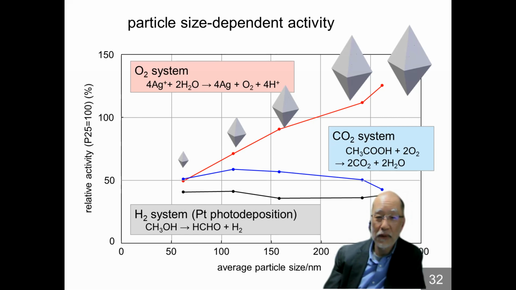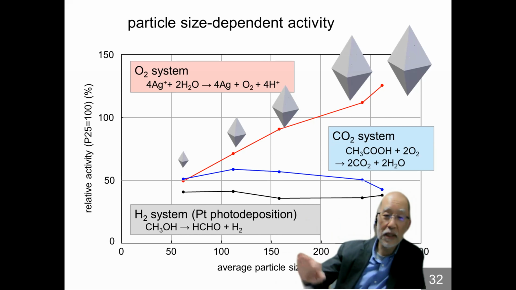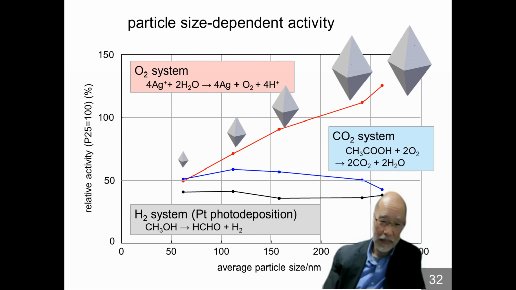The important point is that anatase crystal is easily changed to rutile by heating. So it is rather difficult to prepare large sized anatase particles, and there is no chance to get them.